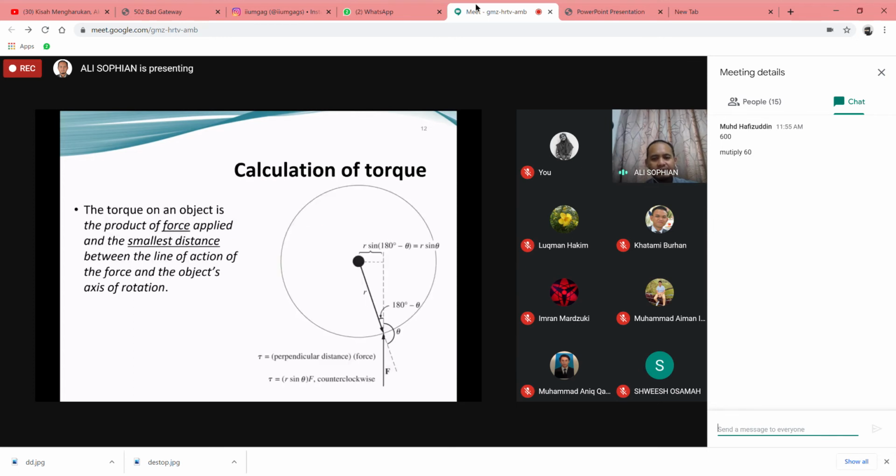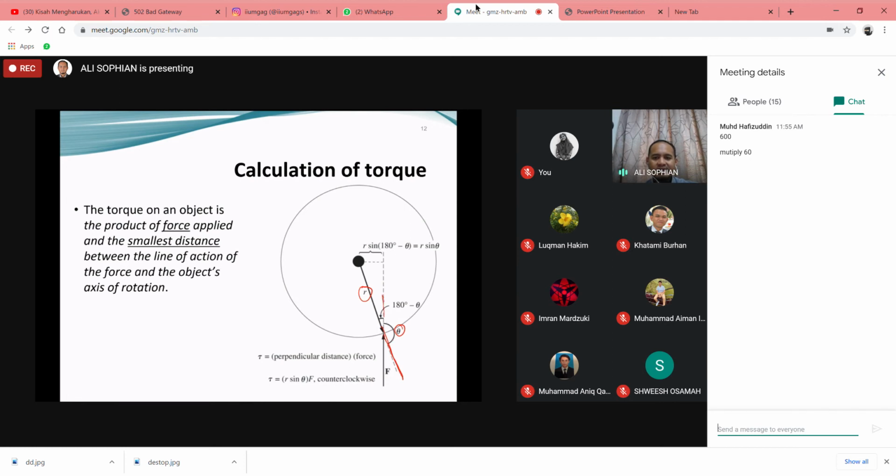And this gives you more details for the mathematical equation. I think your trigonometry is still good enough, right, to determine R here. The theta used is over here, between the radius and the line of action.